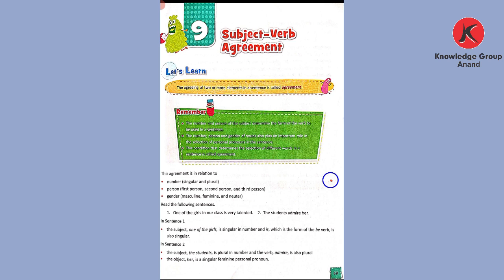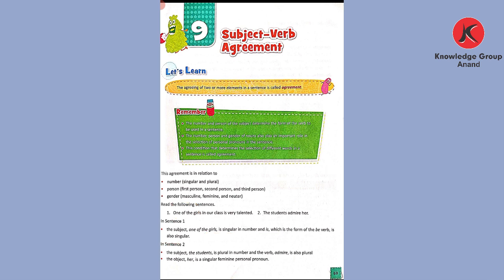In sentence 1, what is the subject? The subject is one of the girls, singular in number, so that's why here is is used.